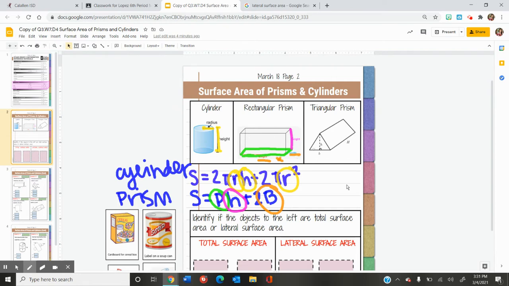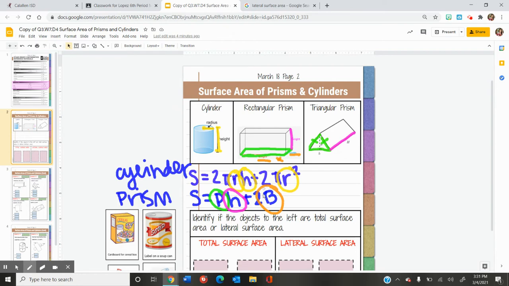Whenever we're looking at a triangular prism, again, your perimeter is going to be the distance around your base shape. This is where your slant height comes in. To find the perimeter around your triangle, you need to know both of your slant heights plus the length of your base. Then we're going to measure the height, again the distance between both of your bases.